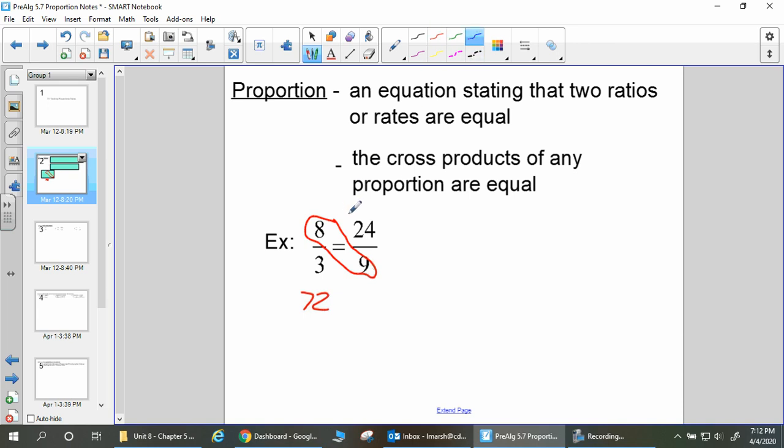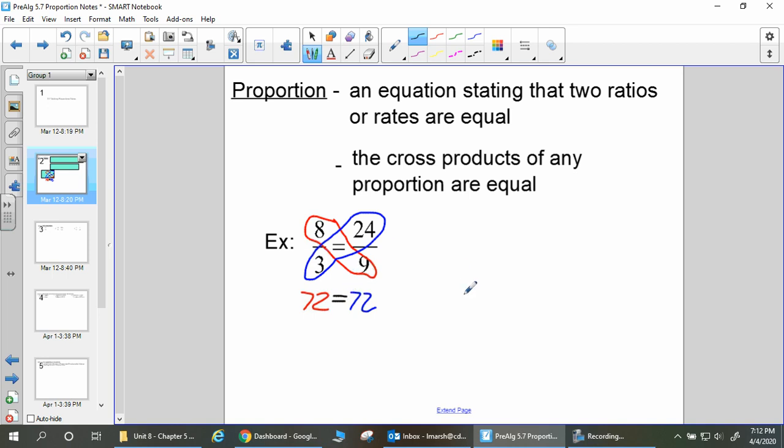And then I would multiply the two values going the other way. So this time I'm going to do 3 times 24, and 3 times 24 is also 72. And so these two values are in fact equal to each other, and that's what we should see.